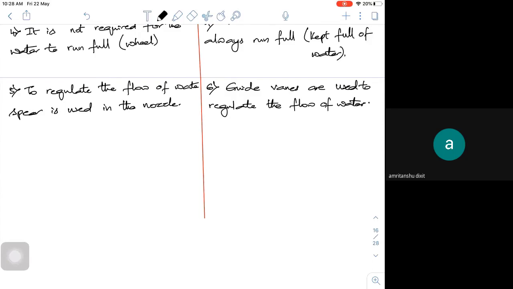Okay. What about efficiencies? If you speak of efficiencies, impulse machines have slightly higher hydraulic efficiency.